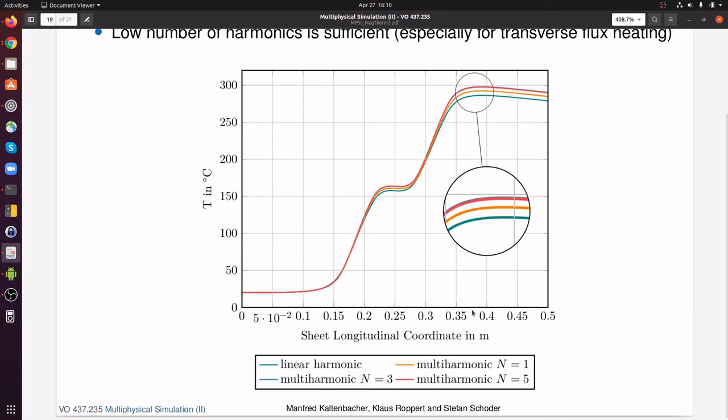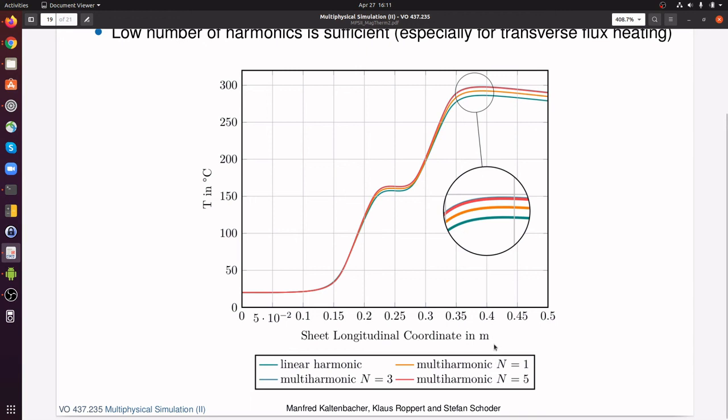So if we consider the multi-harmonic ansatz with n equals 1, which, take care, is not a linear harmonic ansatz, because we're using harmonic balancing to adapt our material parameters, then we are already increasing the temperature. This orange graph here is the temperature for n equals 1.